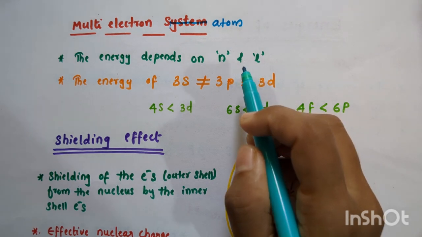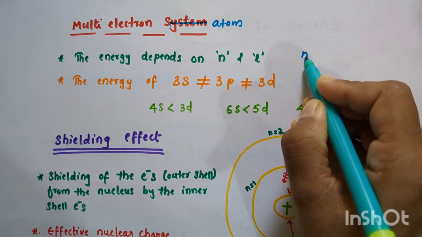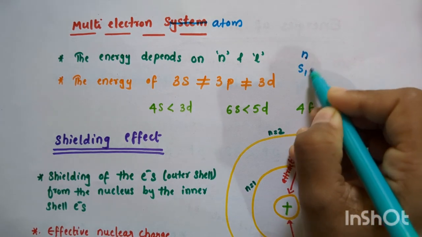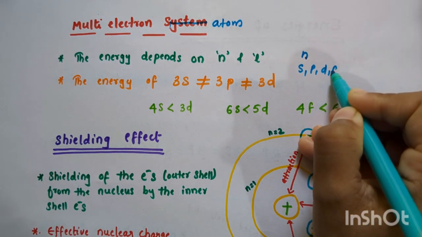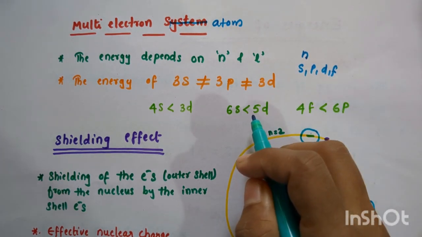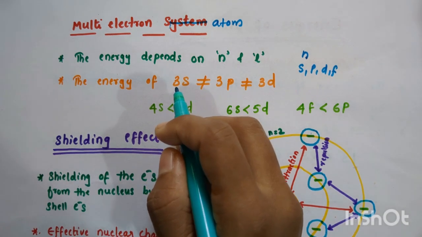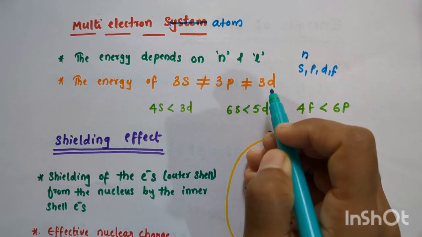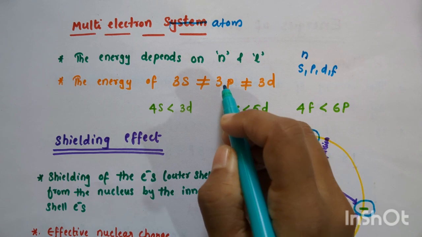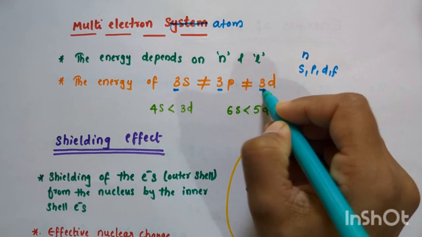For a given value of the principal quantum number n, s, p, d, f all have different energies. If you consider the orbitals 3s, 3p and 3d, their principal quantum number n is the same.